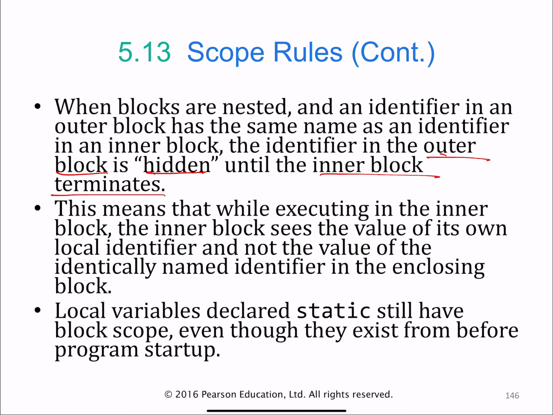Which means that as long as the inner block is executing, it sees the values of its own local identifiers, not the values of the same named identifiers outside that block. Again, this will be something we'll cover in the hands-on example for this section.